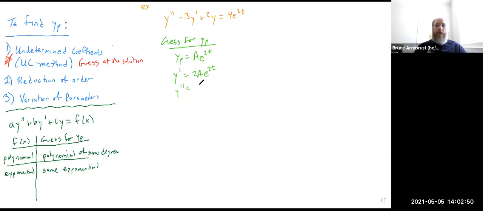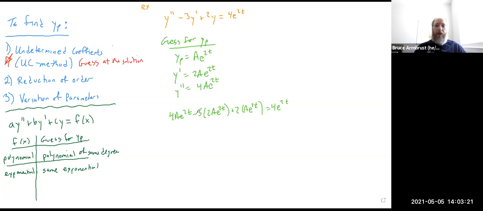Y double prime is going to equal 4a e to the 2t. So let's put those in. We're going to get 4a e to the 2t minus 3 times 2a e to the 2t plus 2a e to the 2t. We need that to equal 4 e to the 2t. So let's see, we've got 4 minus 6 plus 2.